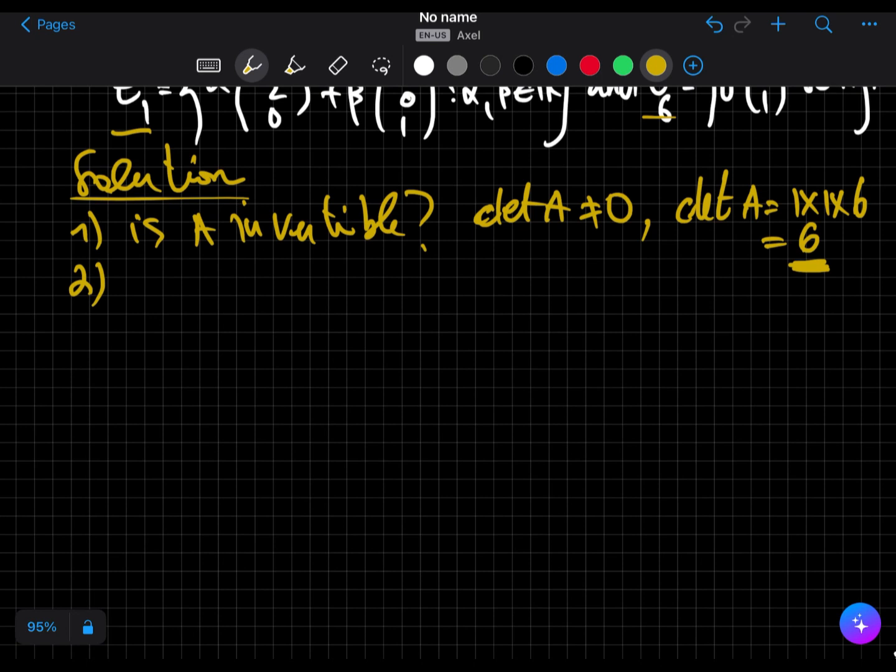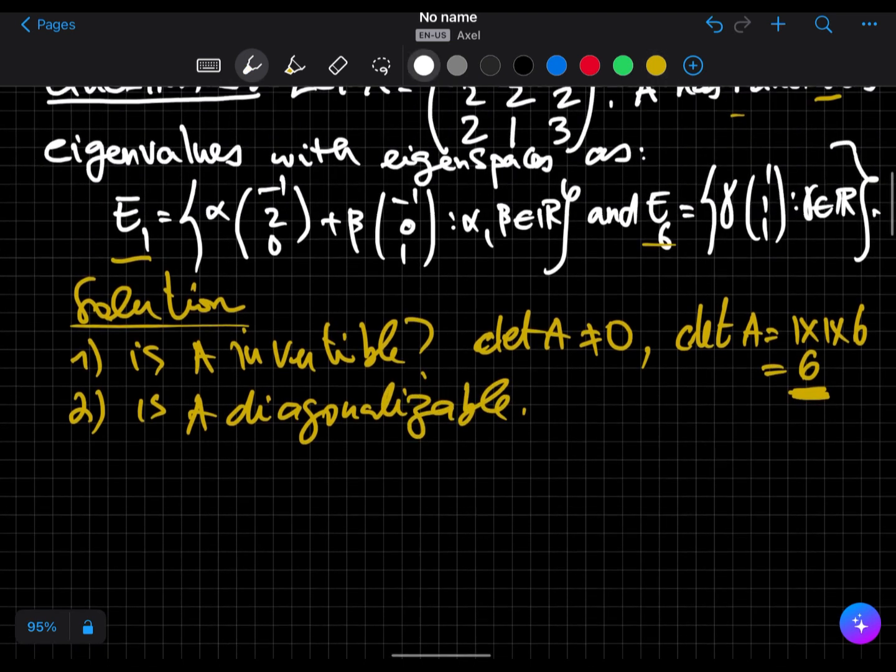In the second question, you are asked if A is diagonalizable. So how do we answer such a question? Now you can see here that for the eigenvalue 1, we have two eigenvectors. So it means that we can clearly see that eigenvalue 1 has multiplicity 2.